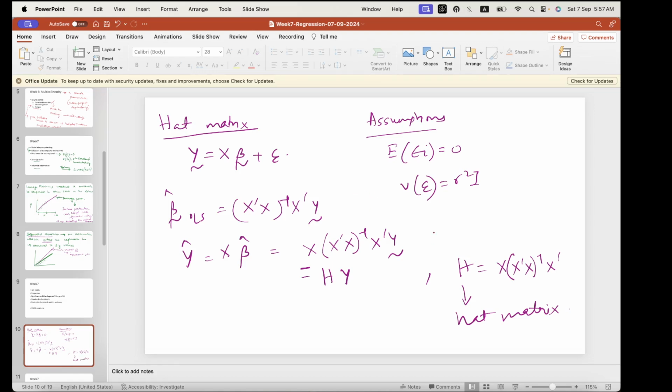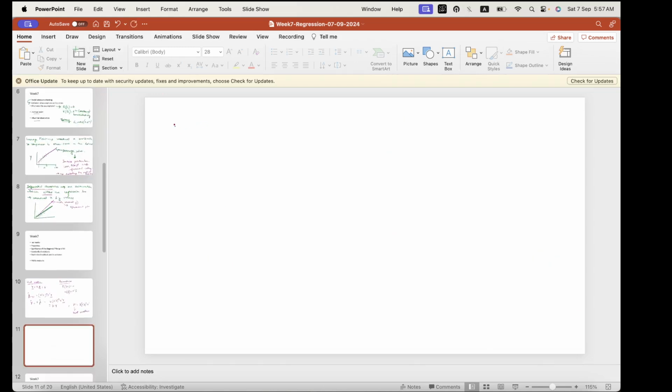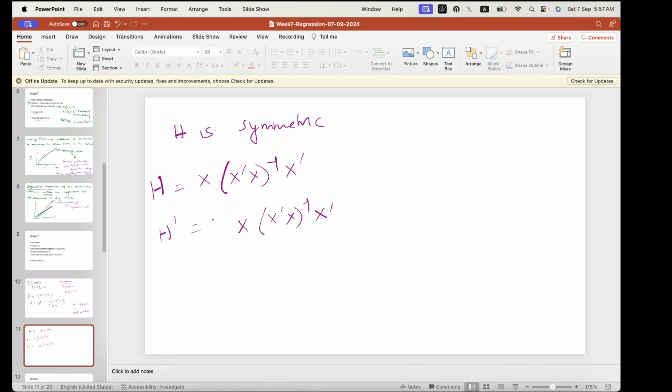There are a few properties of this hat matrix that we have learned. As you can see from here, H is symmetric. H is X (X transpose X) inverse X transpose. So H transpose is the whole thing transposed.